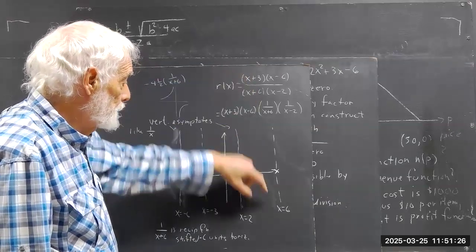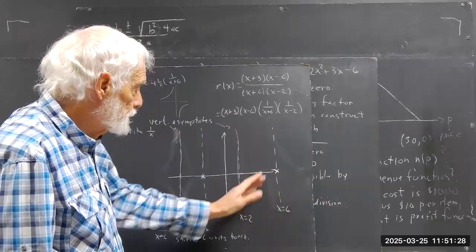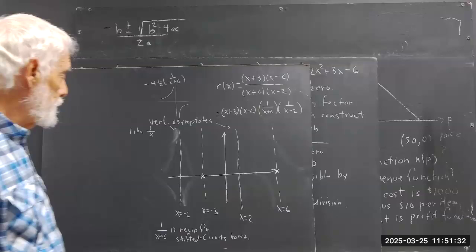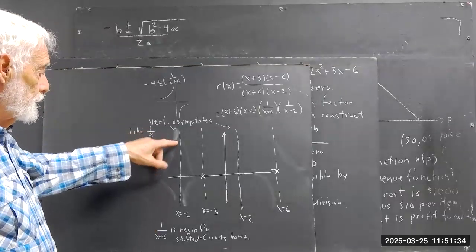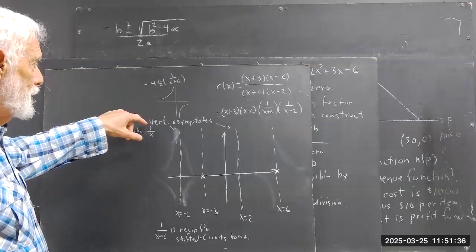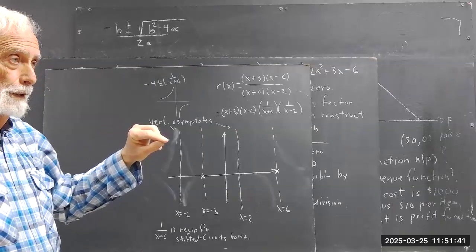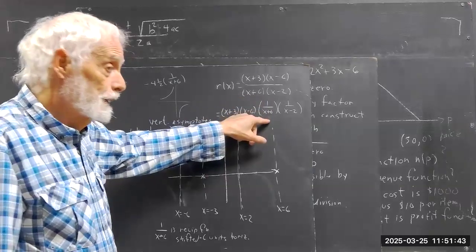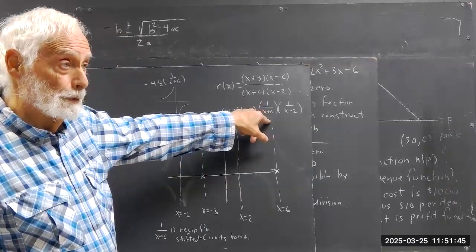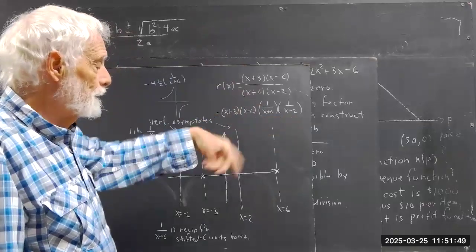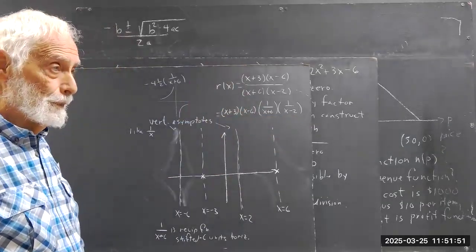This factor tells us we go through the 0 either this way or this way. This factor tells us we have a vertical asymptote that has the behavior similar to a stretch on a reciprocal graph, because this is just a shifted reciprocal graph. And the other numbers we get from these other factors tell us what the stretch is.